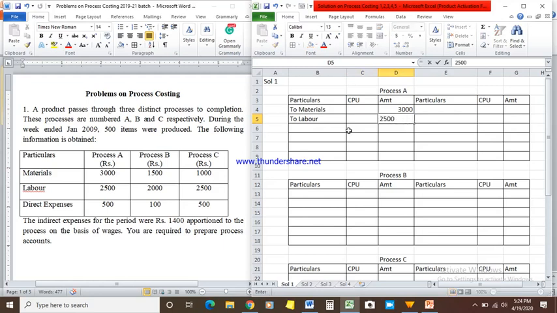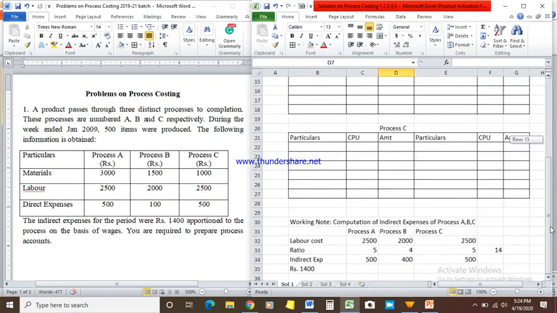Entry 2500, to direct expense 500. In addition to this direct expense, we also have a to indirect expense. We already computed it in the working note. So for process A it is 500 rupees.